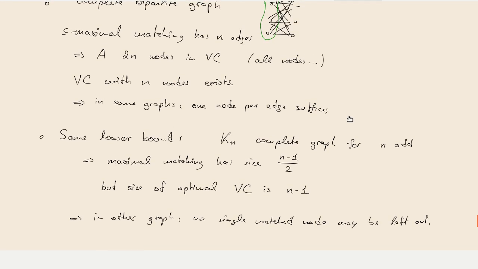So since we don't know in which kind of graph class we are, we can't in general improve our algorithm by too much, because just by looking at the matching, we don't know which case we have. And so usually we have to include all of the vertices.